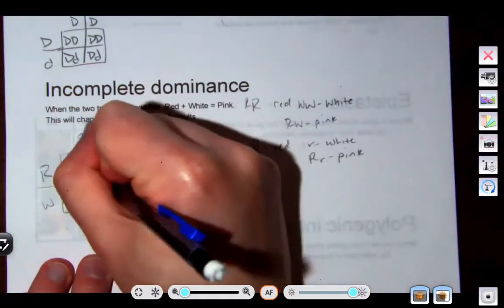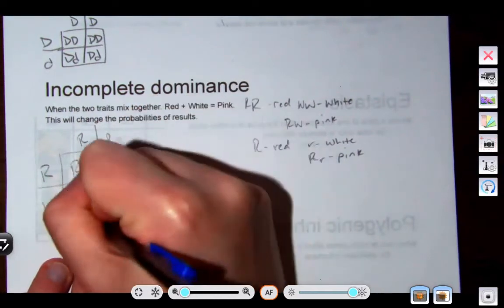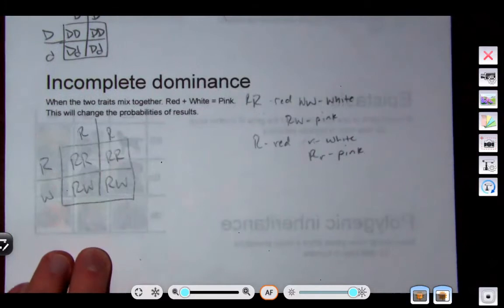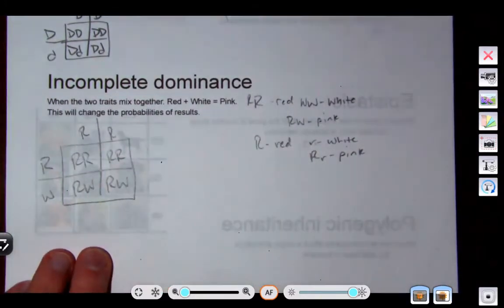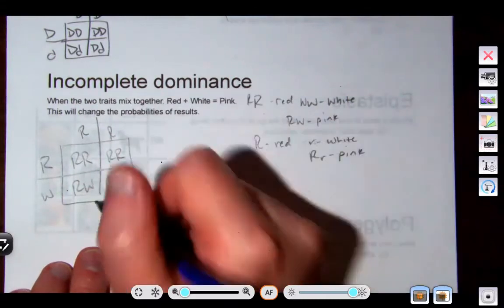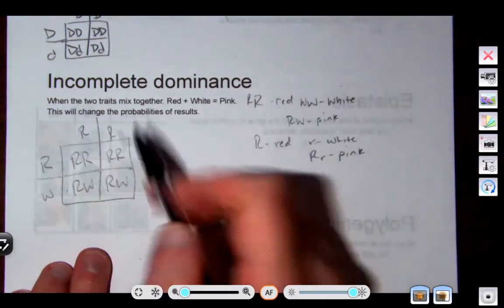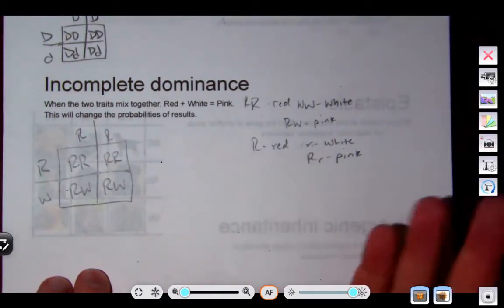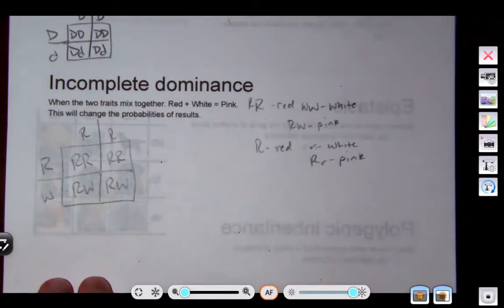And I run my cross, I end up with 50% red and 50% pink. So when I do these problems, incomplete dominance ones tend to throw off the percentages. You're not going to get like 75-25. You're going to end up usually with 50-50 or 100%.